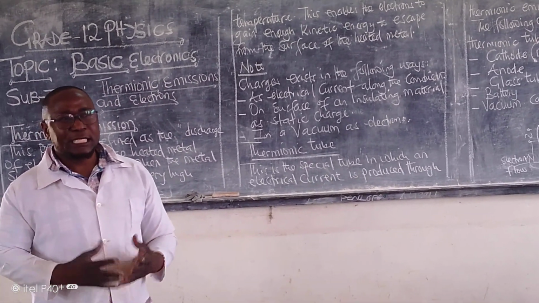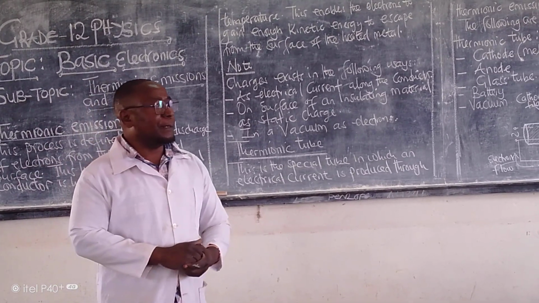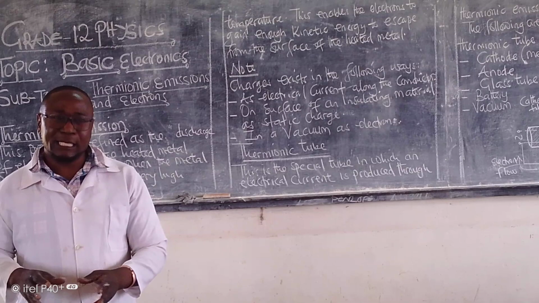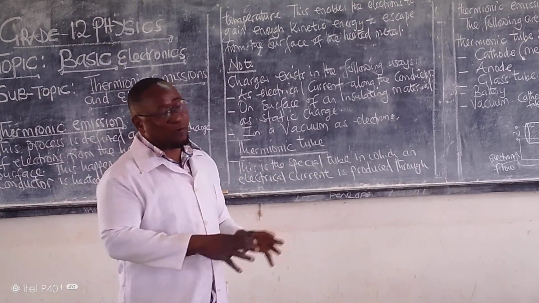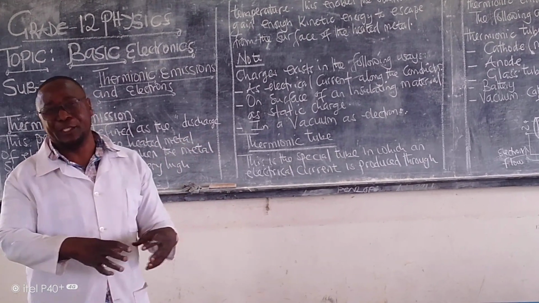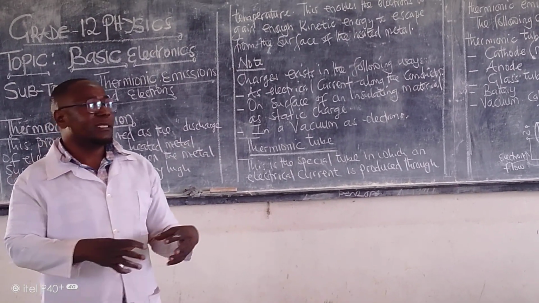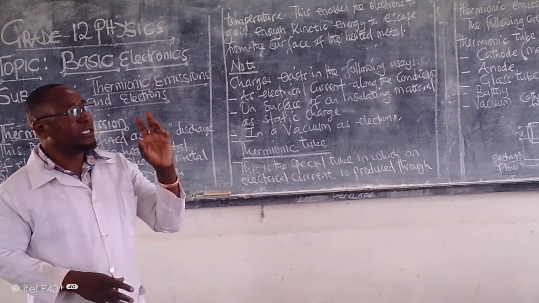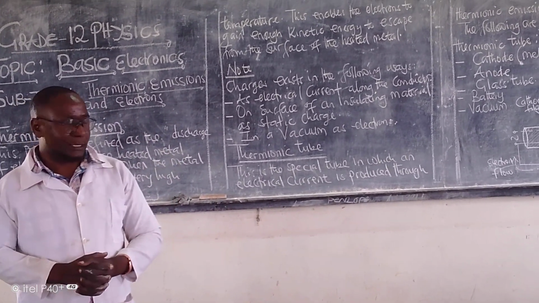Apart from that, charges can also be found on the surface of an insulator. What type of charges can be found on the surface of an insulator? We call them static charges. So that is the second way in which charges are able to exist.